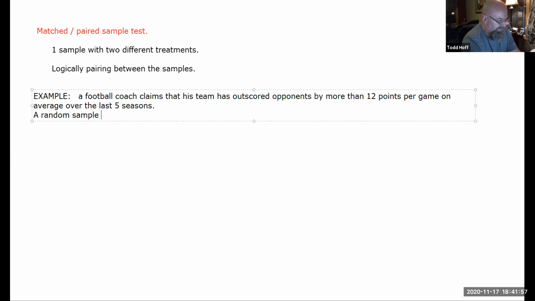A random sample of 12 games is taken, and the scores are recorded: home team, which is the coach, and opponent.